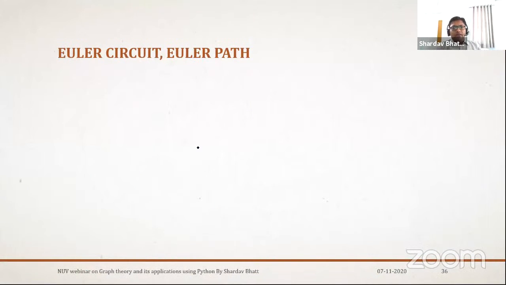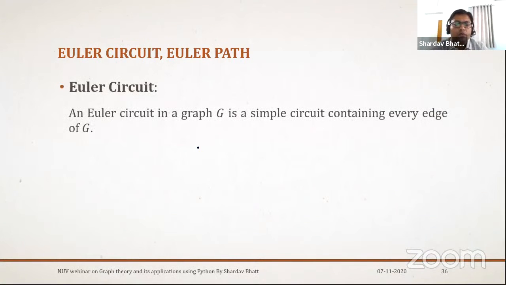Now next is Euler circuit and Euler path. What do you mean by Euler circuit and Euler path? It is a special type of path and circuit in which you cover all the edges of the graph. An Euler circuit in a graph G is a simple circuit containing every edge of G. That means it's not about a shortest path.